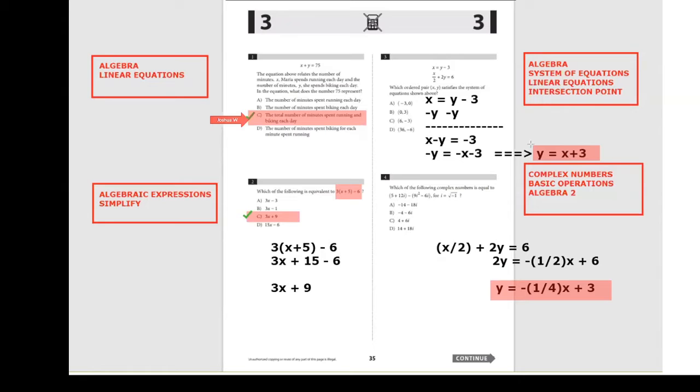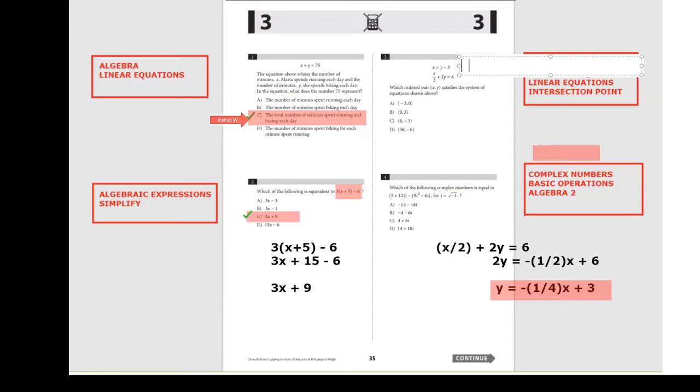Okay, so maybe let's go to the first equation because that looks easier to work with. That one has a fraction and pluses and minuses. So I will erase this here and write the equation in that box up here. So it's y equals x plus 3.